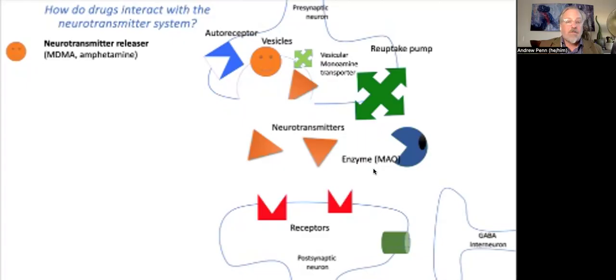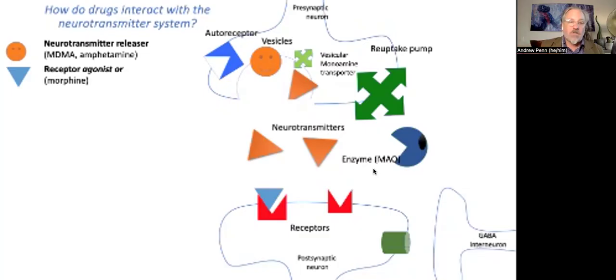into the synapse. We can also have drugs that essentially mimic the effect of an endogenous ligand. So these would be exogenous because they're drugs, and so they're coming from outside the body, but they attach to a receptor in the same way that a neurotransmitter might do. So an example of this might be morphine on the mu opioid receptors.